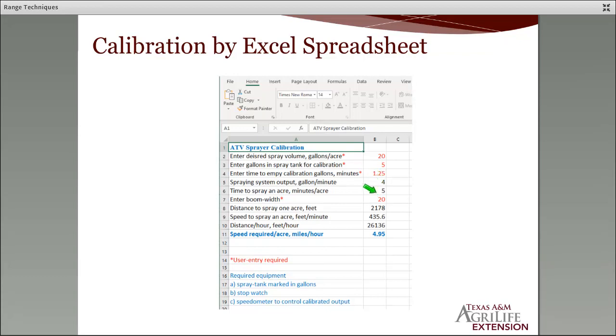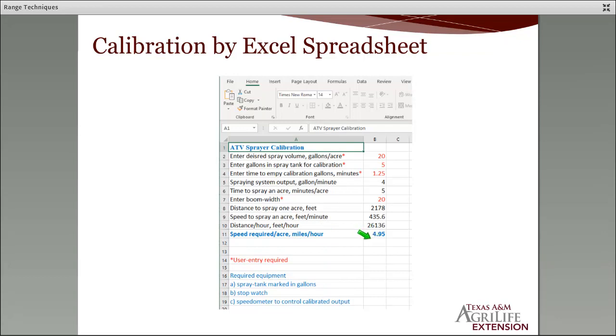The black right there, that's no entry requirement. The boom width is 20 feet. If you look down here in the blue, speed required, miles per hour.